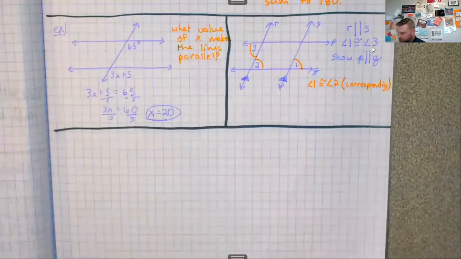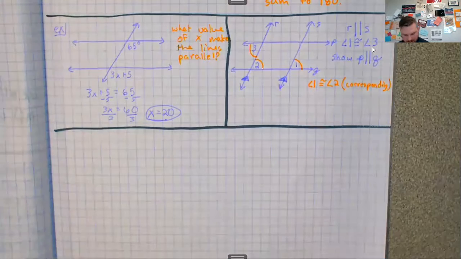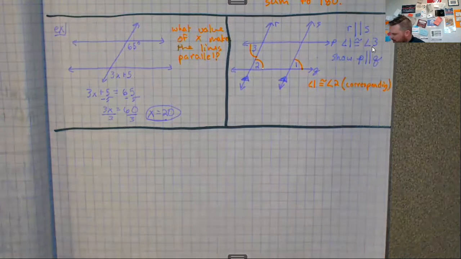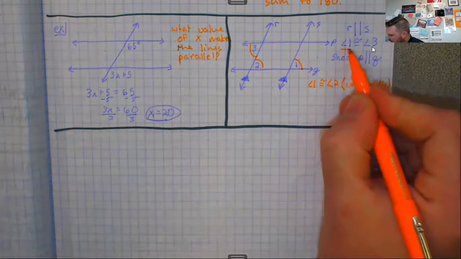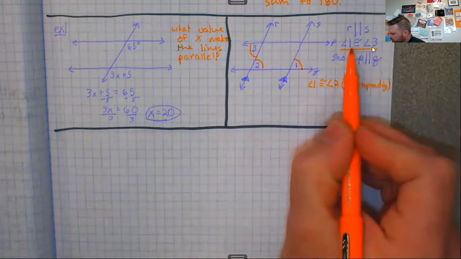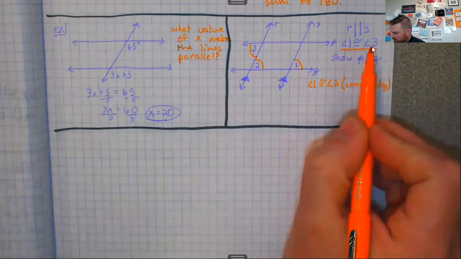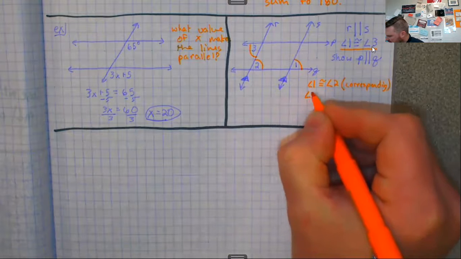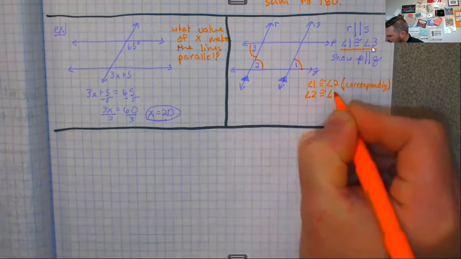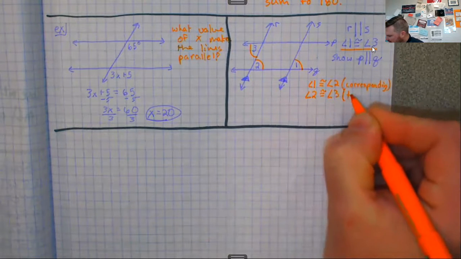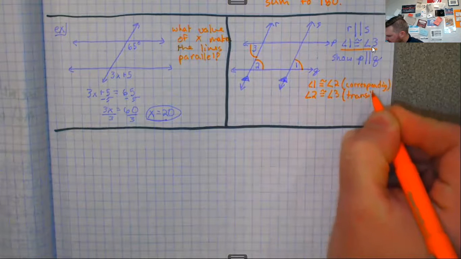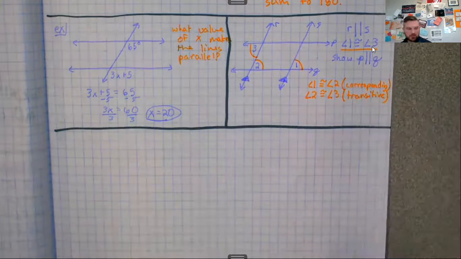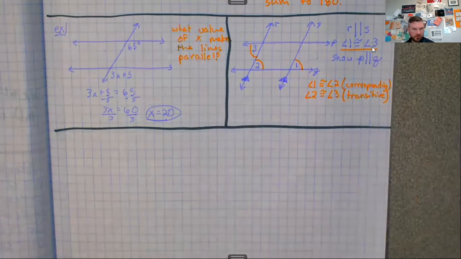So 1 and 2 are the same. And I already know that 1 and 3 are the same. So if 1 is congruent to 3 and 1 is also congruent to 2, then angle 2 is congruent to angle 3. That is the transitive property that we've talked about a little bit before.